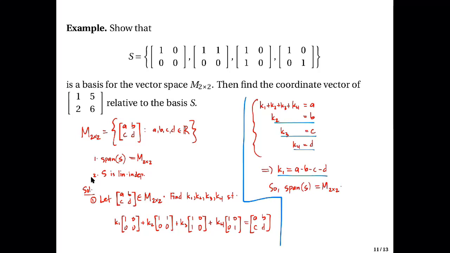How about now, linear independence? Instead of ABCD, we want this to be 0. Agreed?